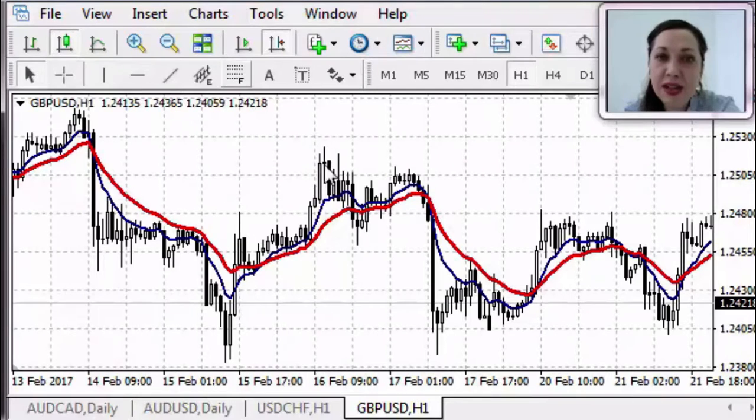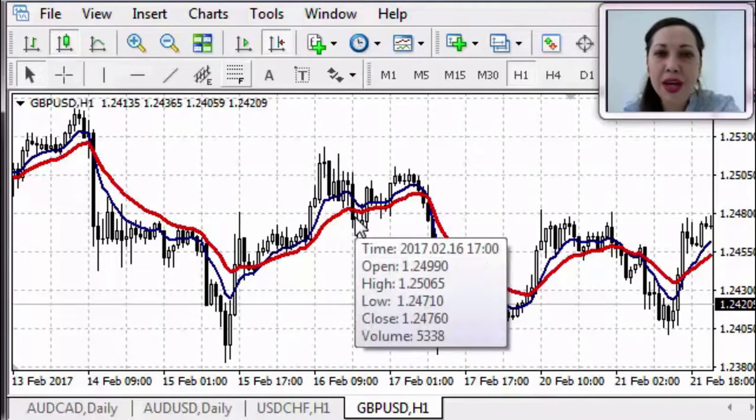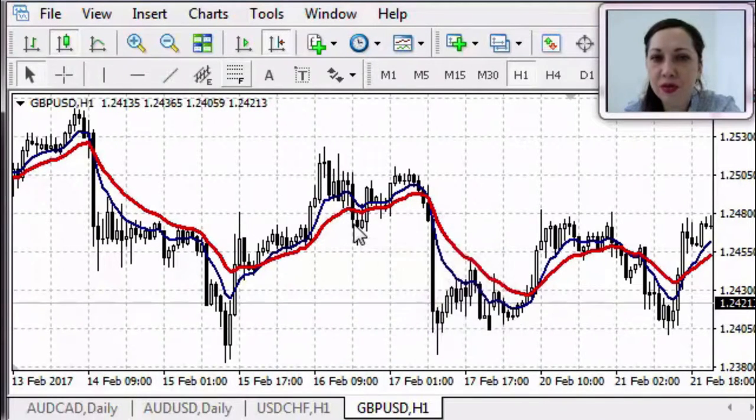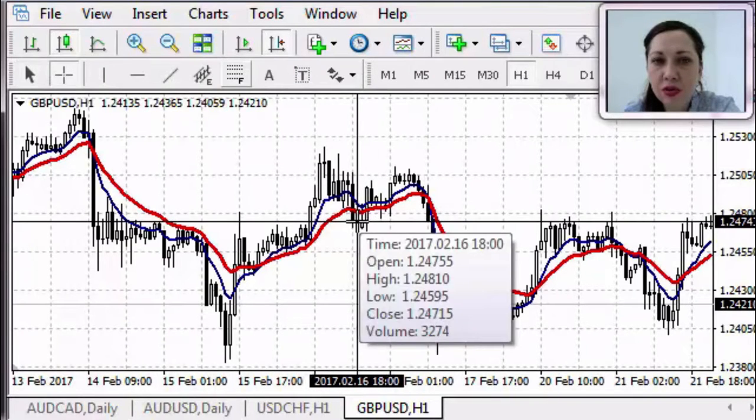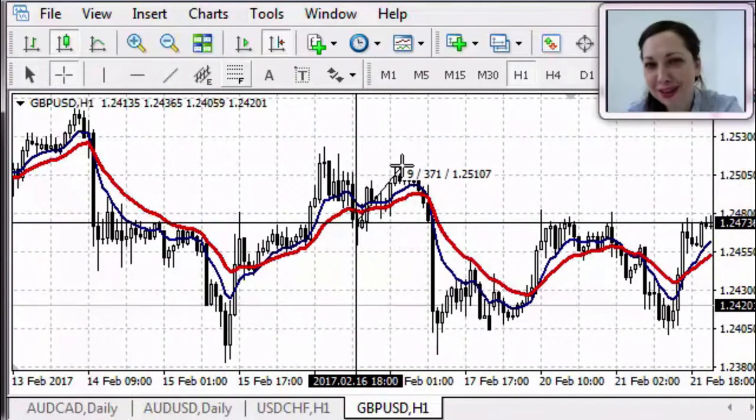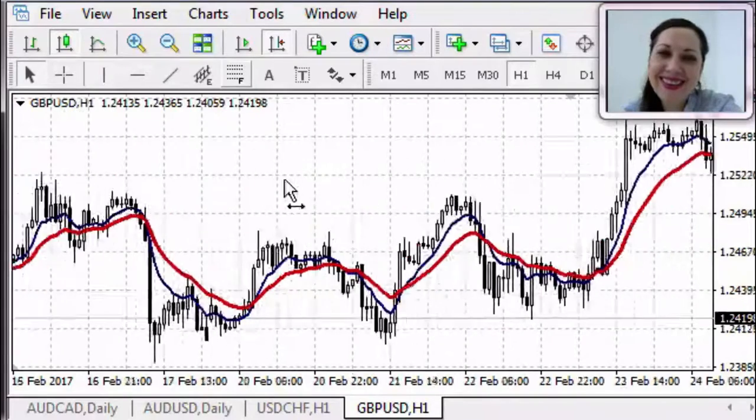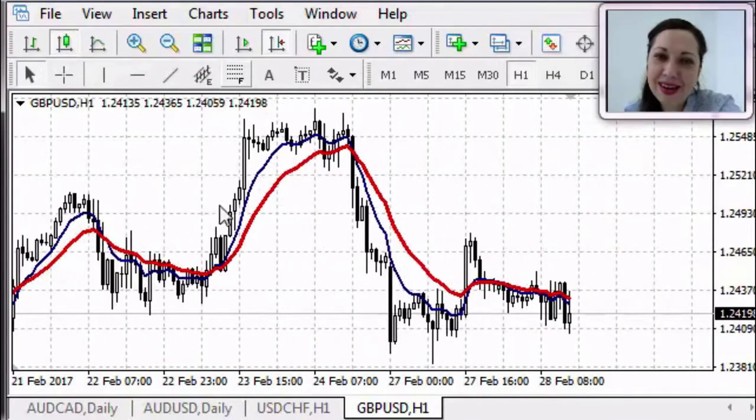And next time it touches EMA 18, we could open another position for buy. Actually, this position would be more successful. So this is how it all works in real market trading.